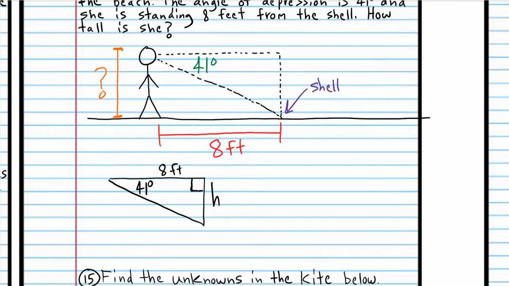That's trigonometry. This is our angle that we're given, and we have the adjacent side and we're looking for the opposite side. Adjacent and opposite, that's tangent. So we write tangent 41 degrees is equal to the opposite side of that angle, which is h, over the adjacent side, which is 8.